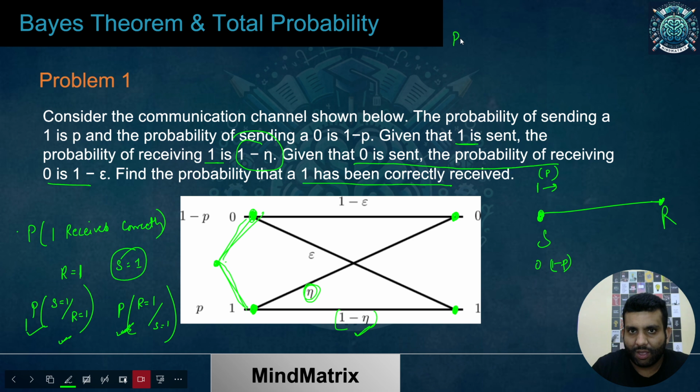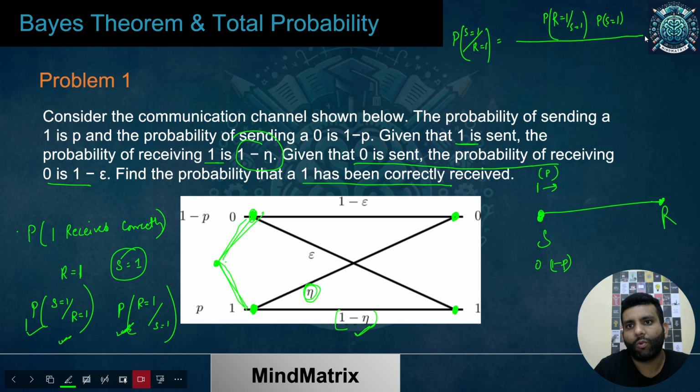P of S equals 1 given R equals 1 can be calculated as the probability of R equals 1 given S equals 1 times the probability of S equals 1, divided by the same quantity plus the probability that the received one is 1 but the sent one was 0. This is what we do normally in Bayes theorem.